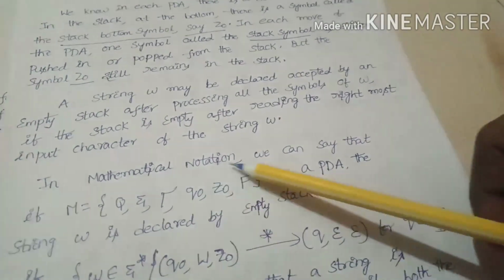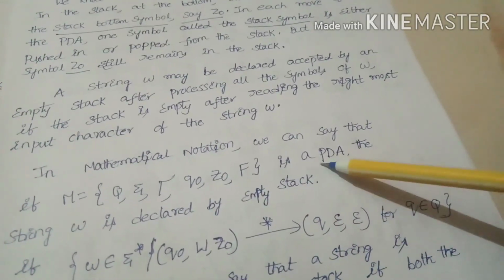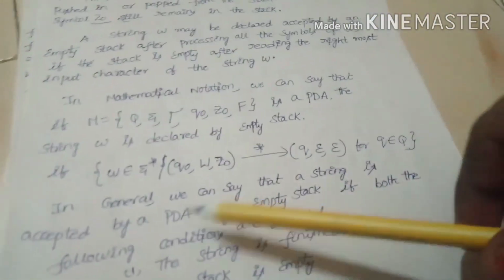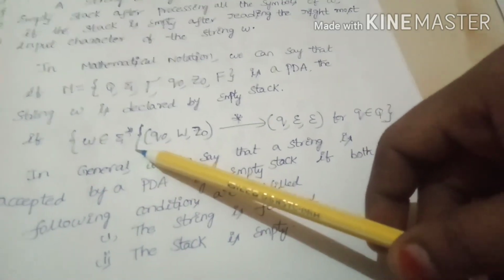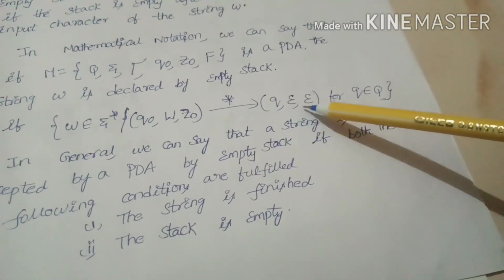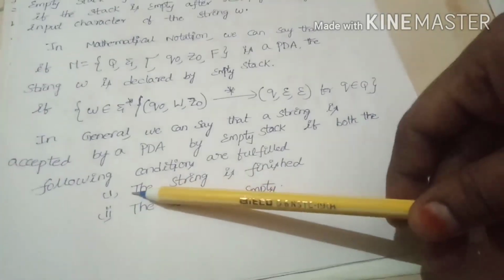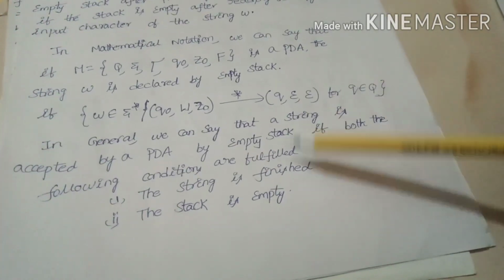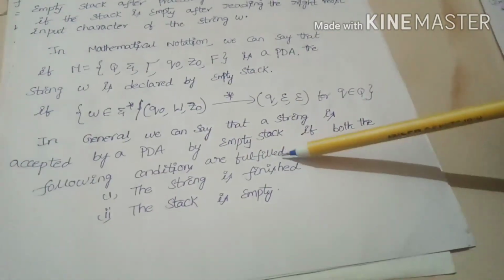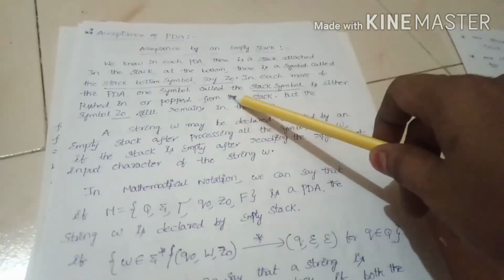In mathematical notation, if M equal to Q, sigma, tau, delta, q naught, Z naught, F is a PDA, then string w is accepted by the empty stack if w belongs to sigma star and (q naught, w, Z naught) goes to (q, epsilon) for q belonging to Q. In general, a string is accepted by a PDA by empty stack if both conditions are fulfilled: the string is finished and the stack is empty.